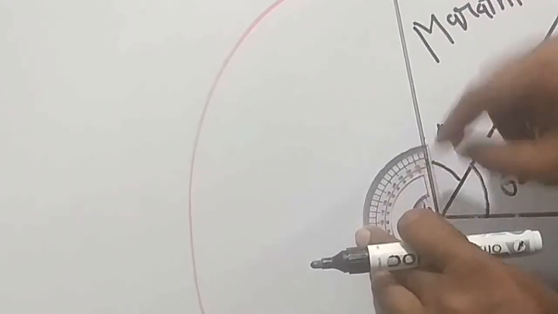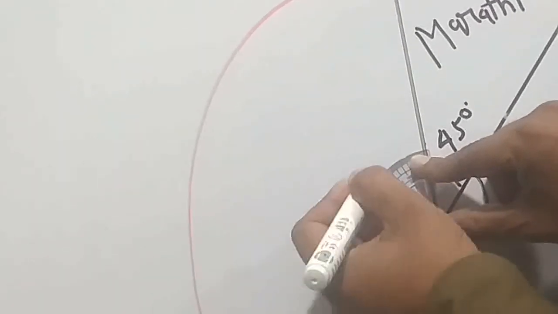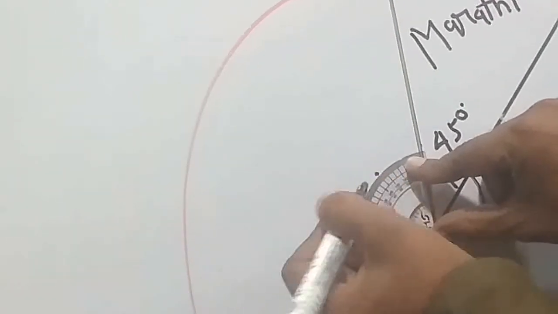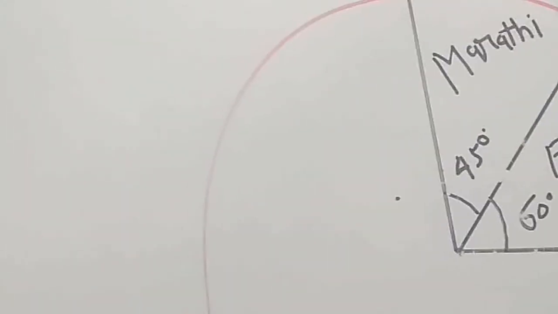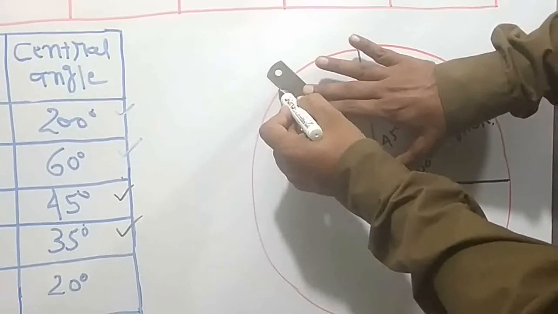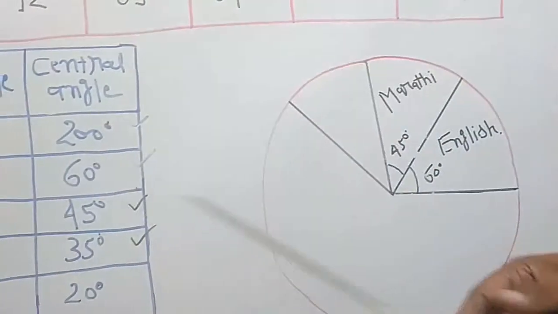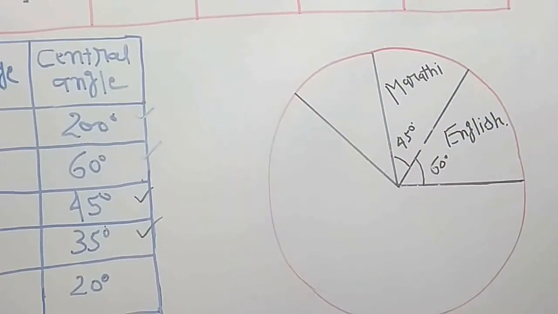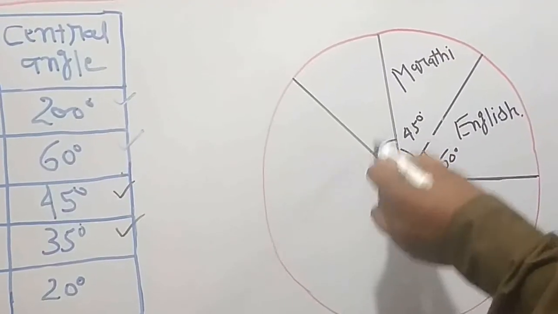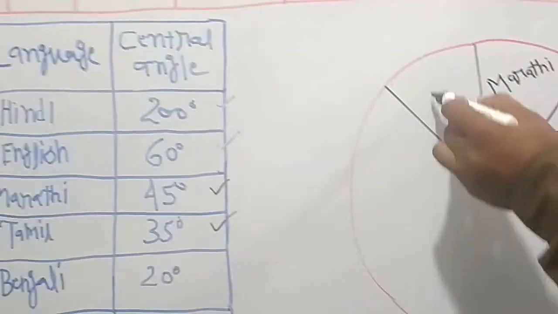In between 30 and 40, the 35 is here. We mark it. This is 35 degrees, and for which language? It is for the Tamil. So we write here Tamil language.